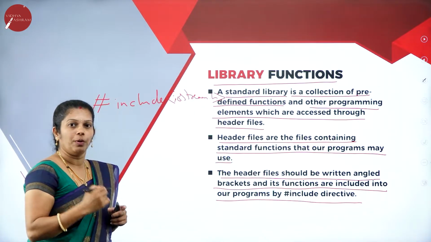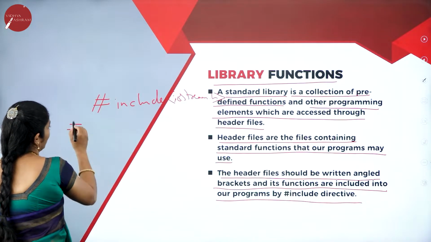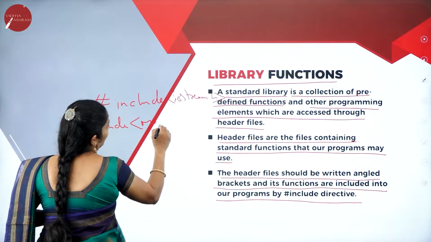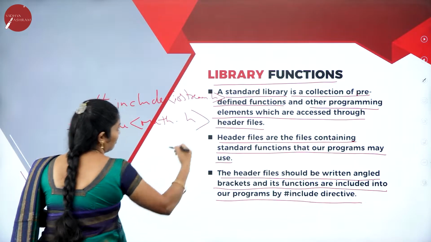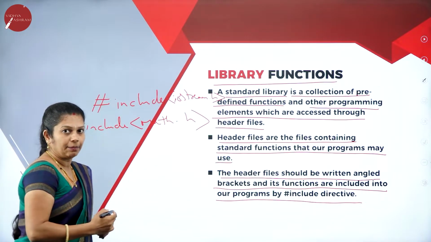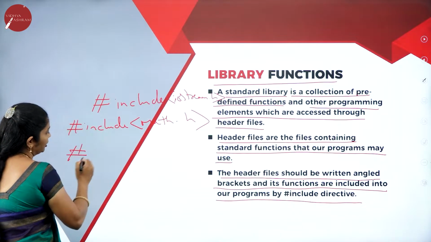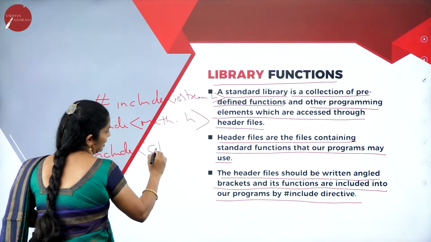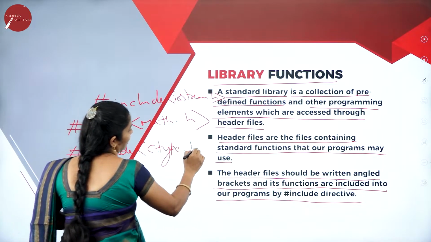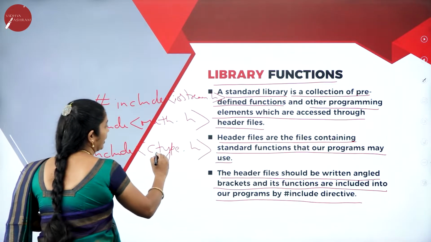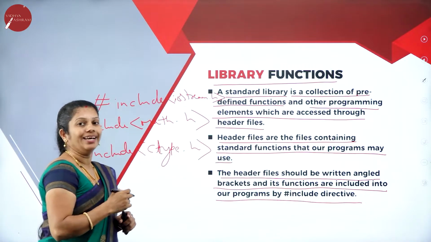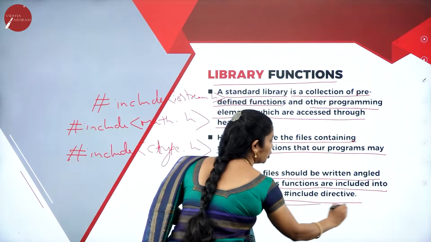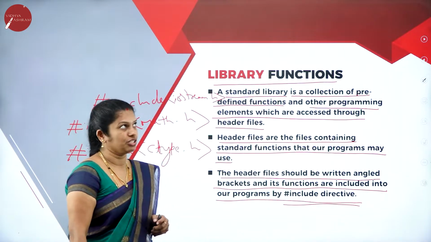For example, if I want to perform mathematical functions, then #include math.h. If I want to perform character manipulation functions, then #include ctype.h header file. Like that, we can declare the header files. To represent that, first you have to mention #include, the directive.